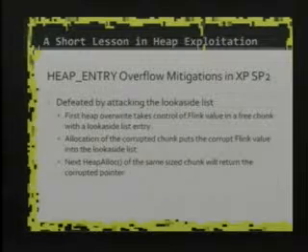And then when that allocation occurs, it puts that flink into the new look-aside list. So it's kind of like the top pointer of where our next allocation is going to come from. And then the next heap allocation of that same size chunk returns the pointer to that buffer that you had just overwritten. So it returns the contents that you already have control of. It's that pointer value to wherever you had written the flink value, if that makes sense.